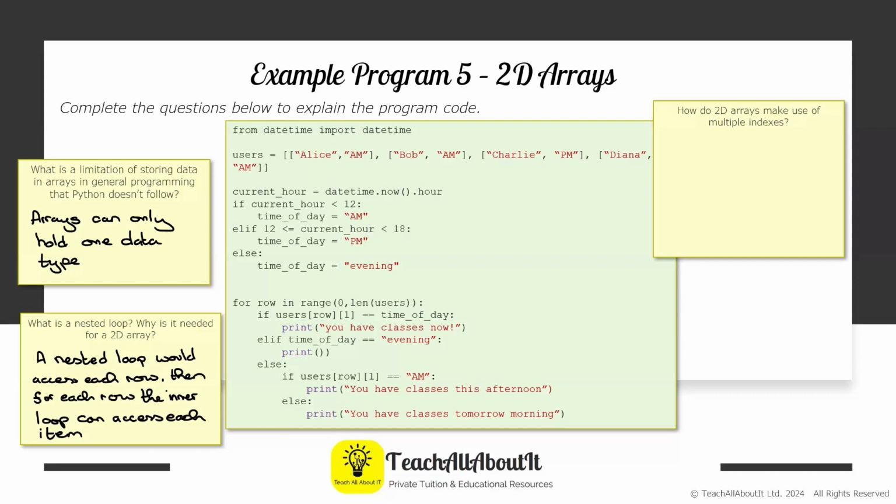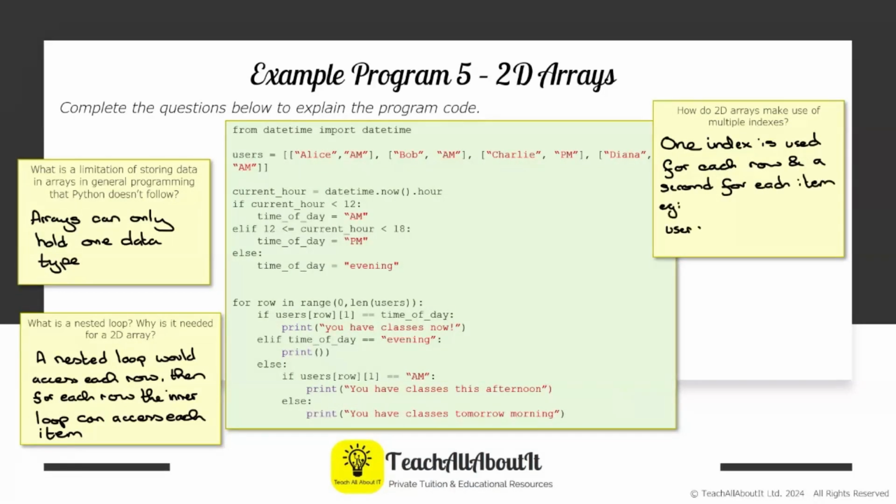If we look at the way that Python presents a 2D array, it is an array of arrays. So actually, they tend to be a little bit easier to understand. One of those indexes is used as a row, so we can point to each row.